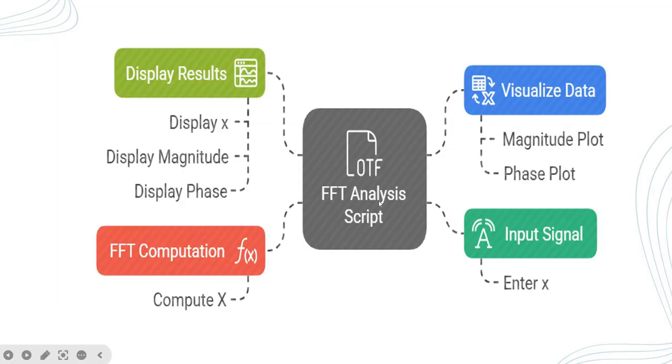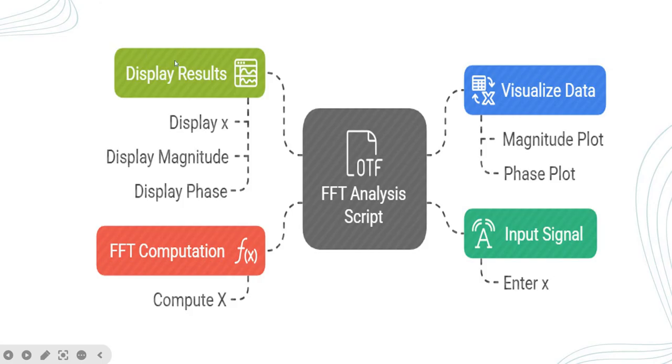Okay, so what we have done to find the DFT of the given sequence: we have entered the input sequence x, then we have calculated the FFT in order to calculate this X, that is the DFT of the given sequence.